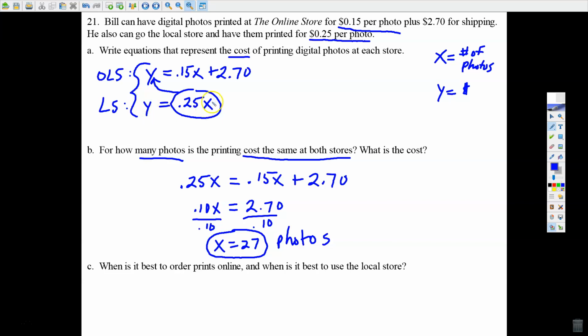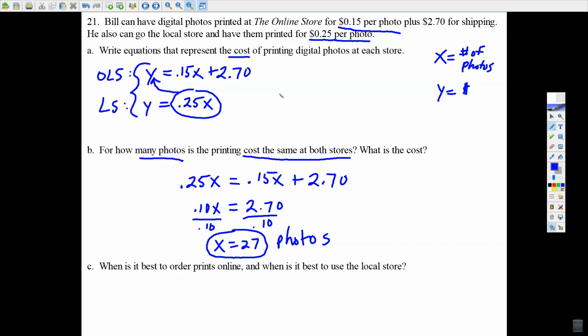So all I've found out is for how many pictures will they charge the same. So at 27, sometimes we call this in business a break-even point. So for 27, it really doesn't matter which one you pick. If cost is all that matters to you, you'll pay the same no matter if you choose the online or the local.